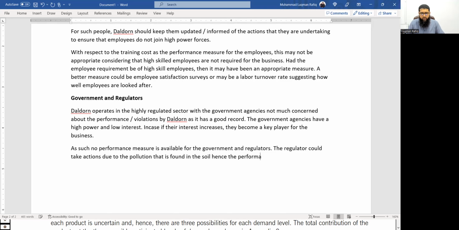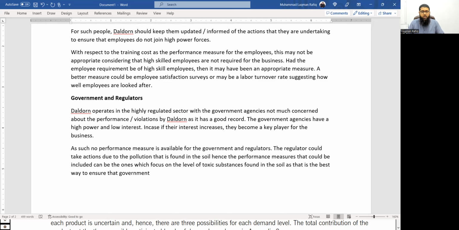Hence, the performance measures that could be included can be the ones which focus on the level of toxic substances found in the soil, as that is the best way to ensure that government stays on the low interest side of the metrics.